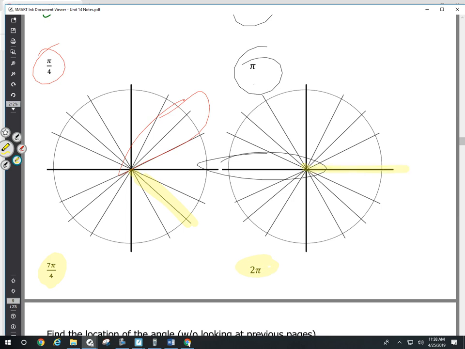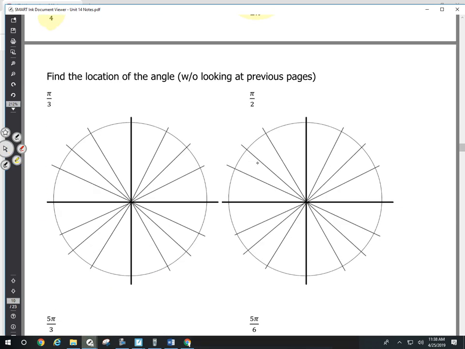We will do these practice problems next class.